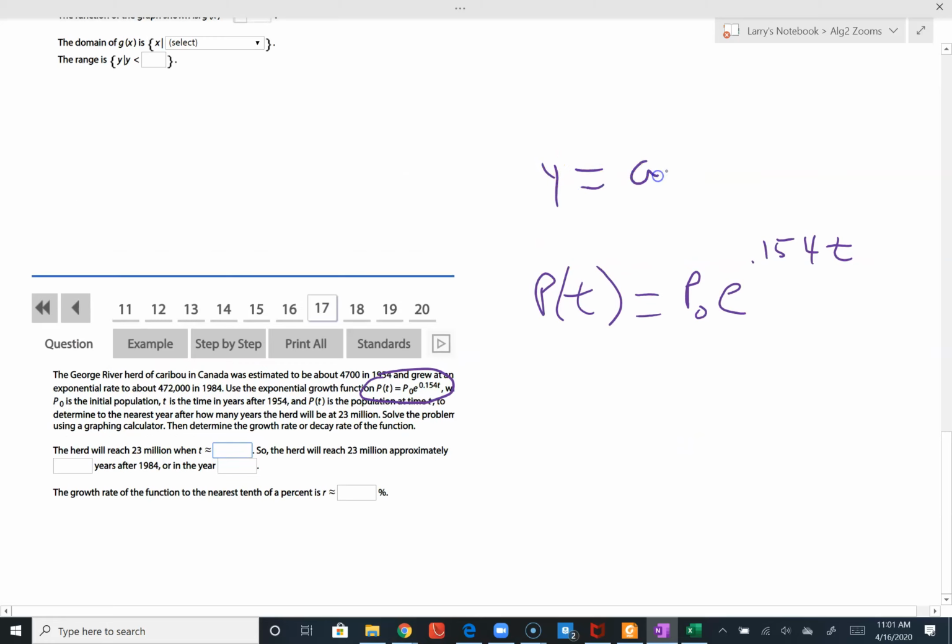Y equals a times b to the x power. Y, this is our output, that's P of t. A is some initial value, that's P naught, that's our initial population. B, the base of our exponential, we have this particular number that is our base, that's e now. And here x is our input, here our input is t. These two forms are very similar.